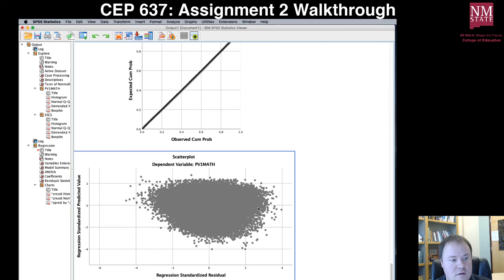And then here is the plot of the standardized residuals against the standardized predicted value. So the z-scores of the residuals versus the z-scores of PV1 math. It doesn't look like there's any inherent relationship.